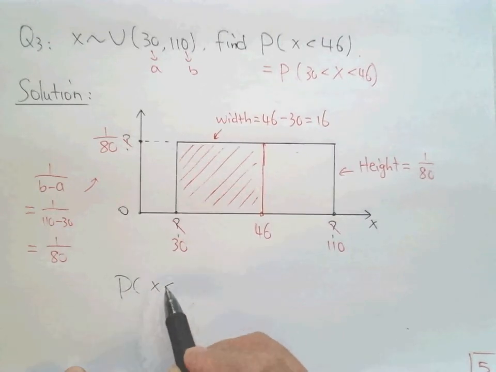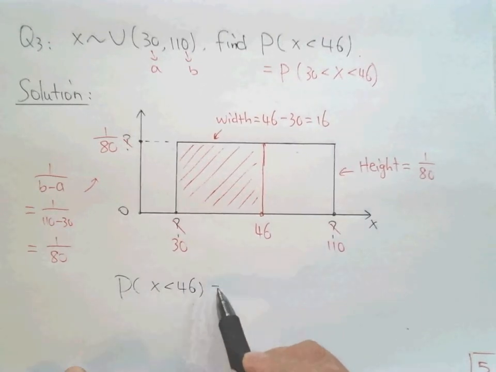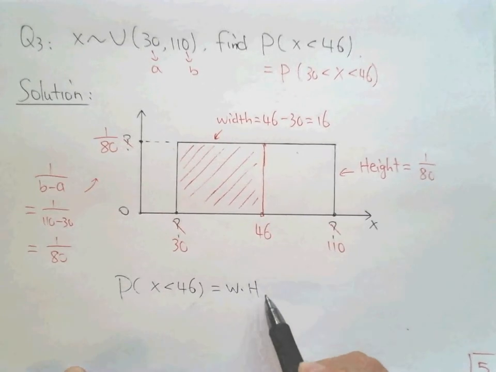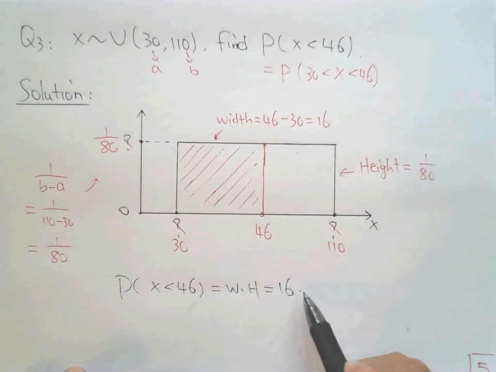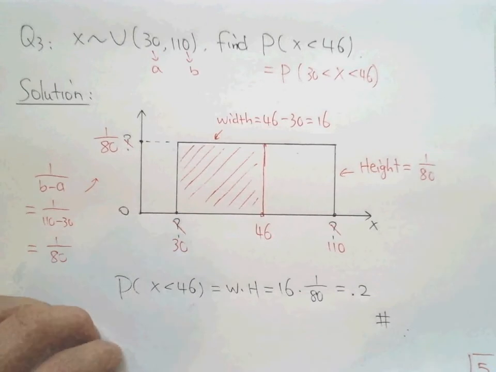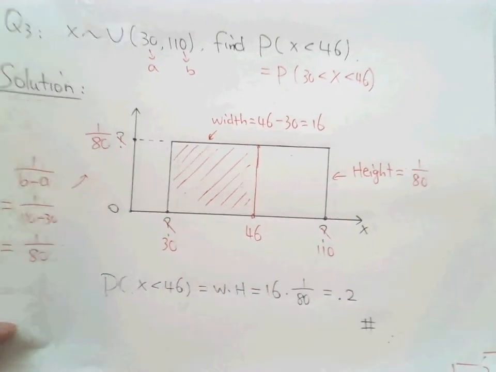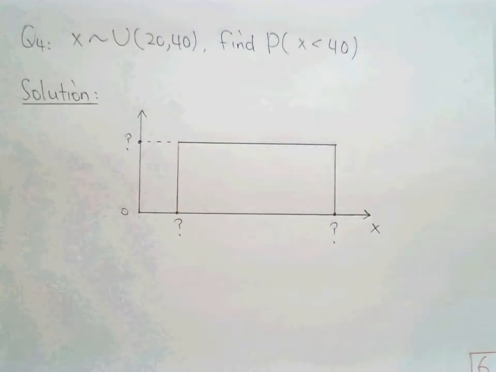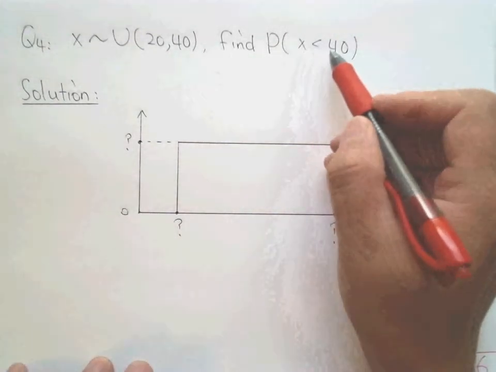Not easy, right? So the probability of x less than 46 is the width times the height, which equals 16 times 1 out of 80. You do the calculation, and still get 20%, right? Okay, that's the second one, and now we look at the next questions.